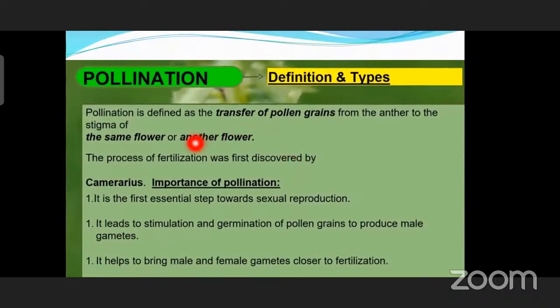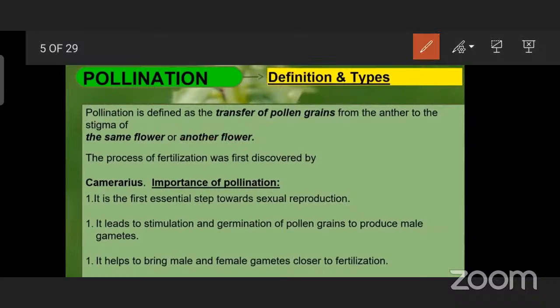Pollination is the transfer of pollen grains from the anther to the stigma of the pistil. Pollination means transfer of pollen grains from anther to stigma of the same flower or another flower.